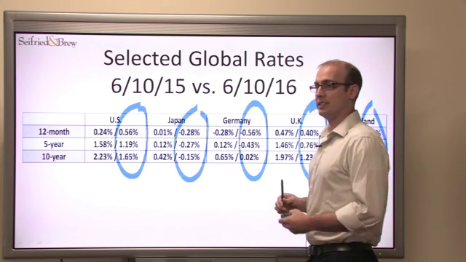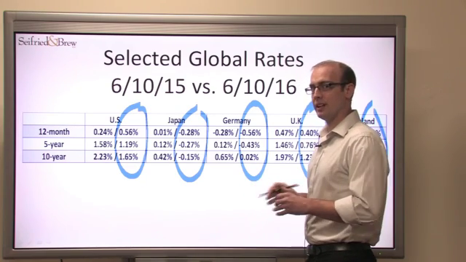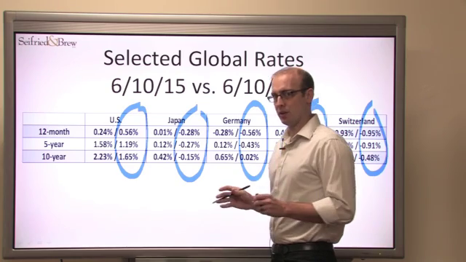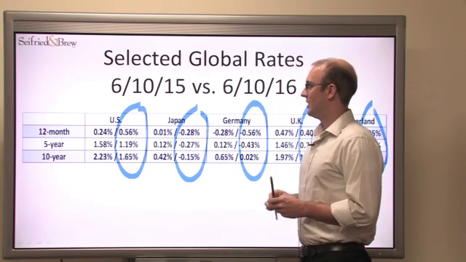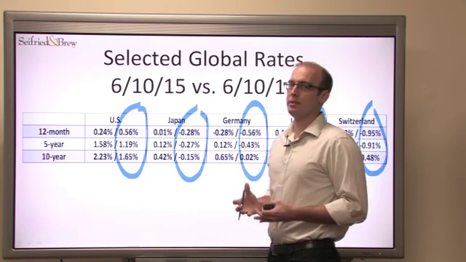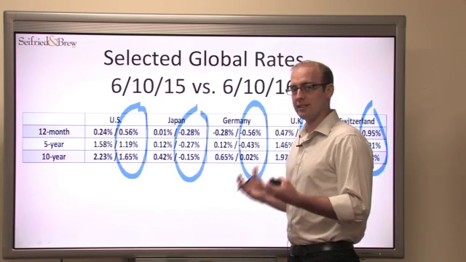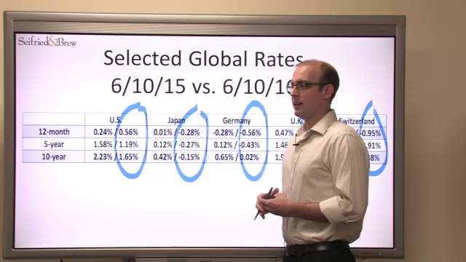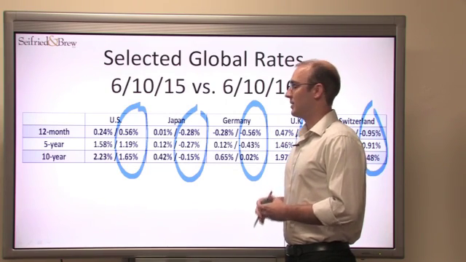In fact, Germany is just on the cusp right now of 10-year debt yielding nearly 0%. So major issues. This is probably a result of the whole Brexit scenario going on, and whether the UK will leave the EU.